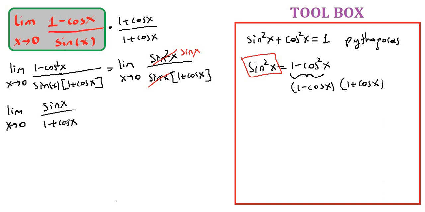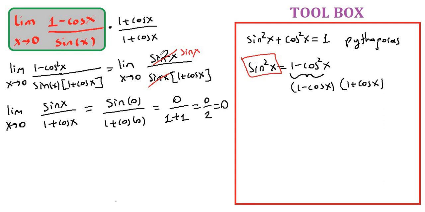Now we have no restriction on the denominator, so we can directly plug in. Sine of 0 over 1 plus cosine of 0. Here it's going to be 0 divided by 1 plus cosine of 0, which is 1, so this limit is equal to 0. Therefore, the limit as x approaches 0 of 1 minus cosine x over sine x is equal to 0.